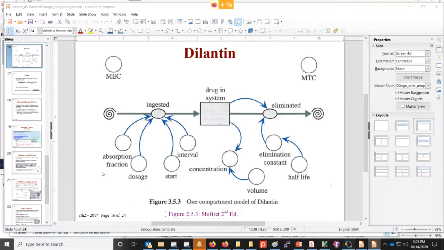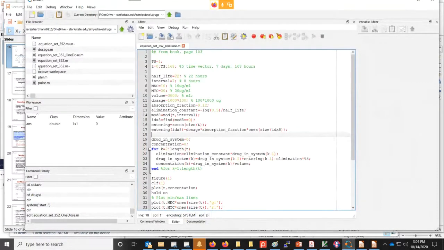If we look at the code I have over here, our dosage was 100 milligrams. But if you look at the values that were given, we have the minimum effective concentration and the maximum therapeutic concentration, and those are given in micrograms.